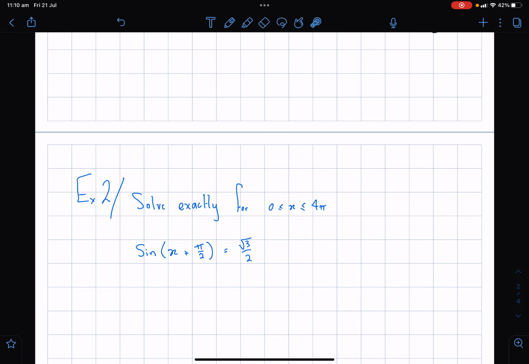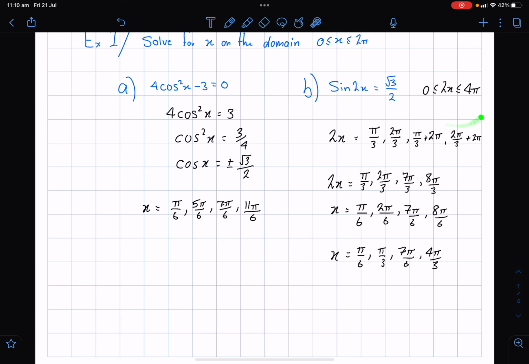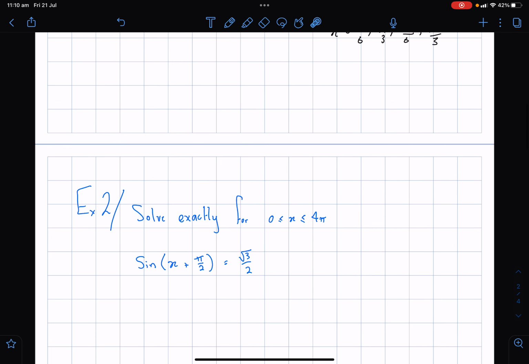Now, just like we did before with our domain, where we timesed everything by 2, we're going to add pi on 2 to both of these here. So my new domain is actually 0 plus pi on 2, and then I've got 4 pi plus pi on 2, which is 9 pi on 2.